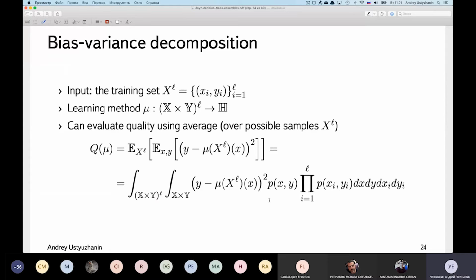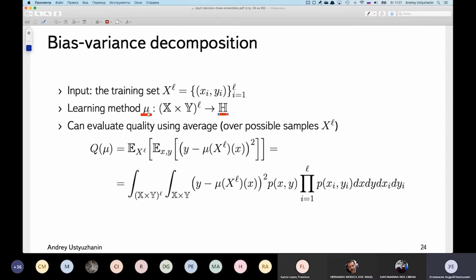And then we can decompose the risk or error that our algorithm introduces into two different components. Now let's say we have the training sample and we have a learning method that gives us a hypothesis whose risk we want to reduce.